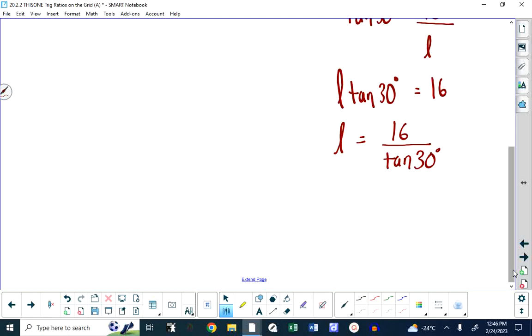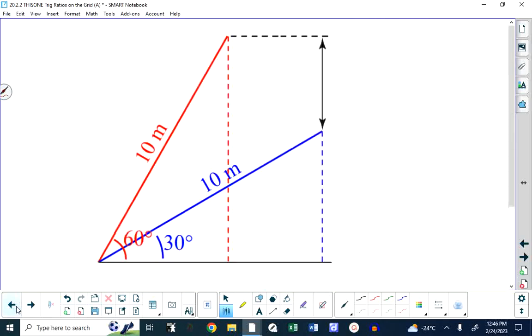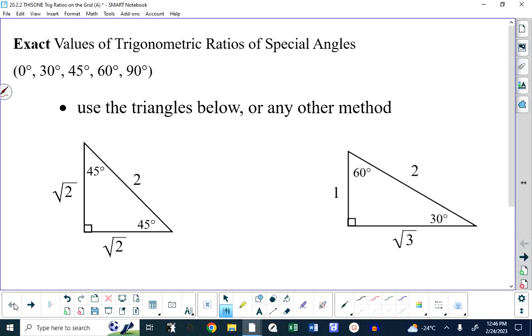So I'm not going to construct the triangle again. It's right here on the right-hand side.